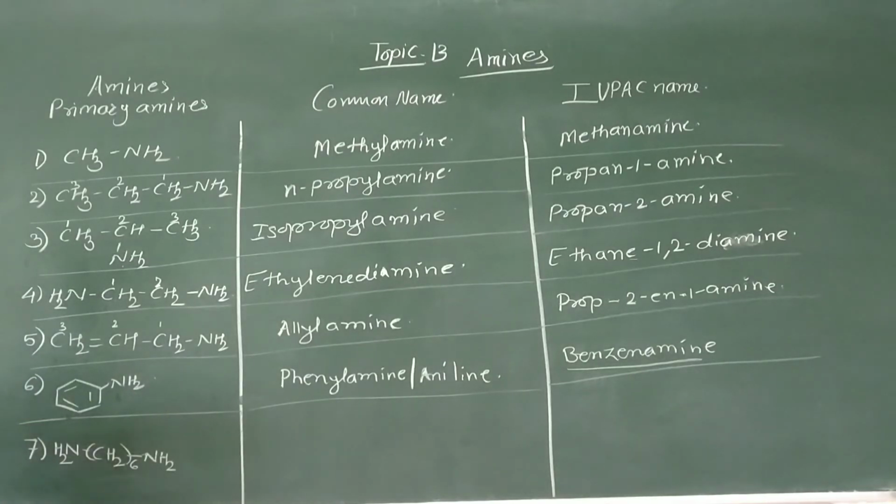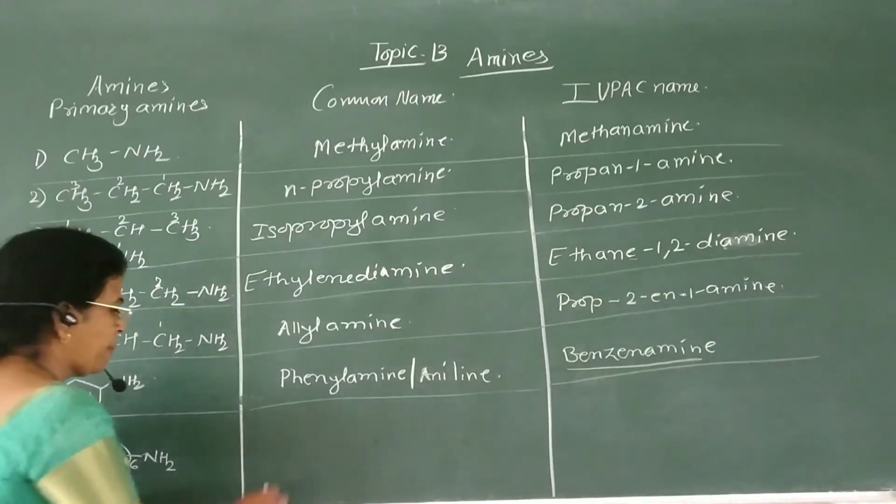Therefore the common name of this compound is hexamethylene. This is a methylene group, and there are 6 of these methylene groups. Therefore it becomes hexamethylene, and 2 amino groups are present. Therefore it becomes hexamethylene diamine.